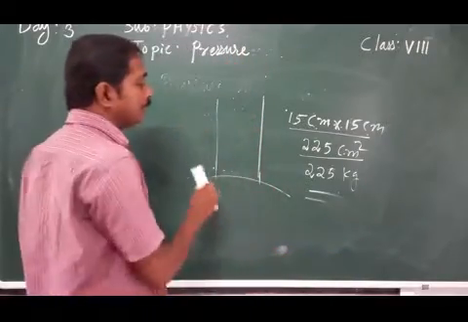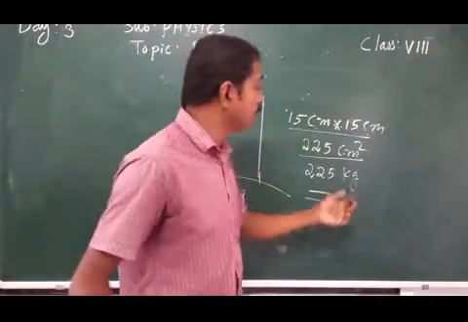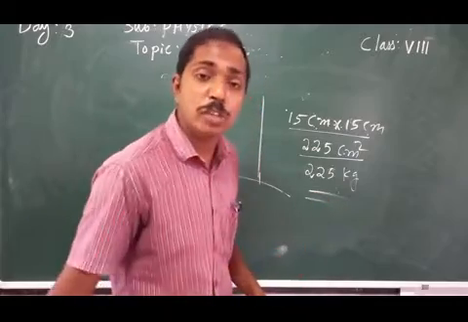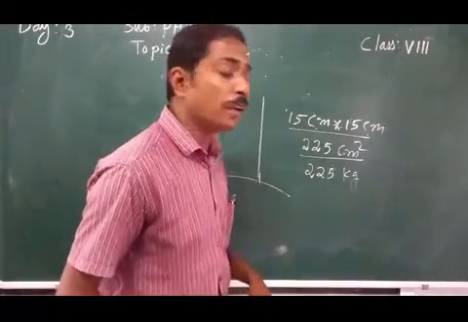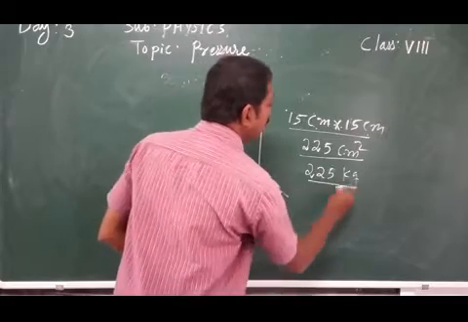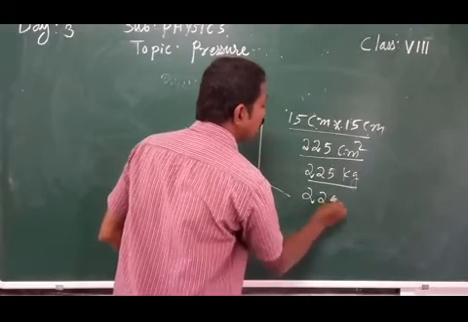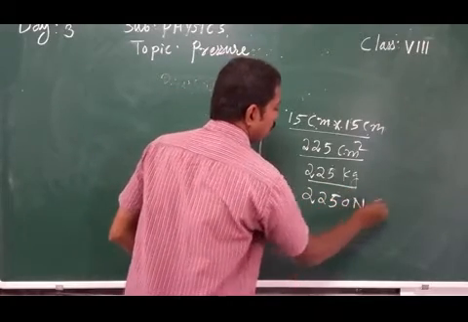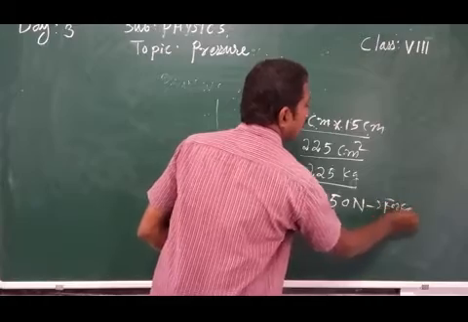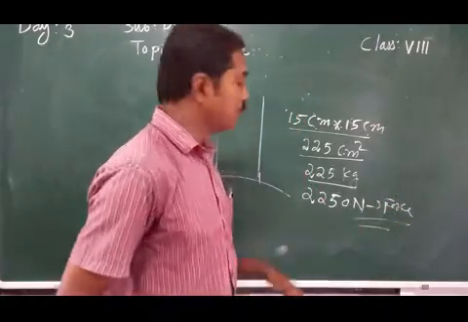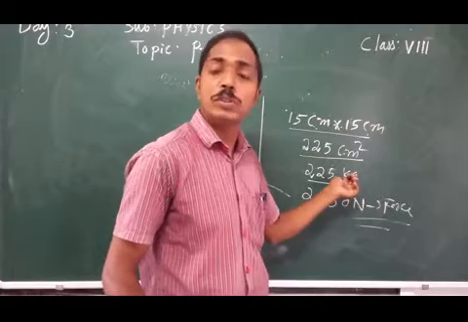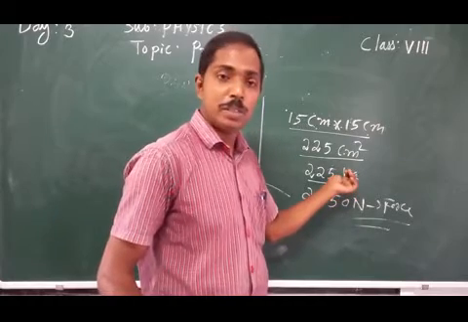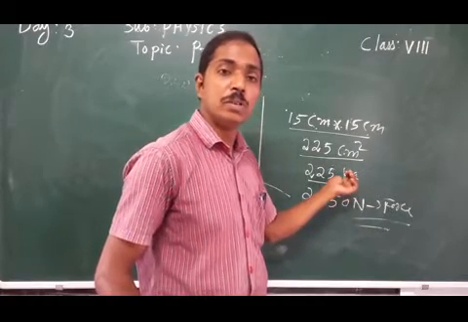Next, the force. What is the unit of force? Newton. As I told in the previous class, the unit of force is Newton. It will be about 2250 Newton force that is exerted on your head, which is the weight of 225 kg on your head.